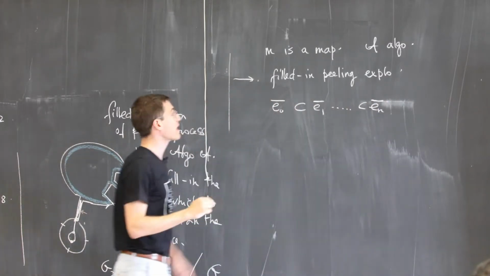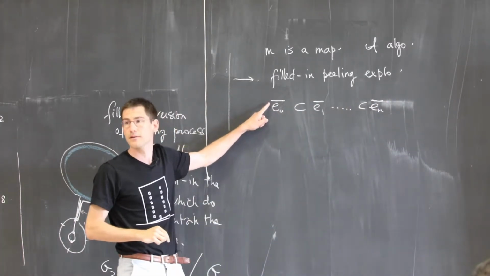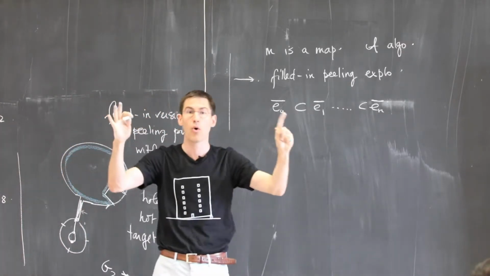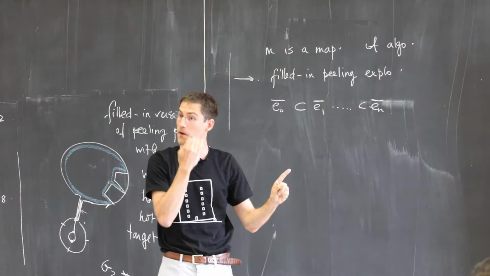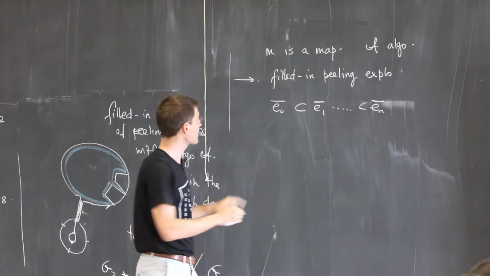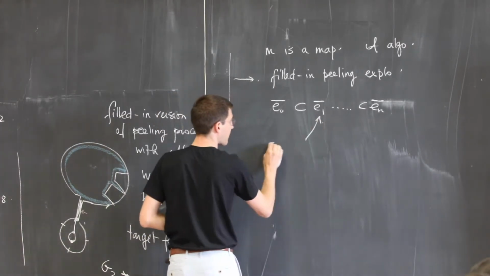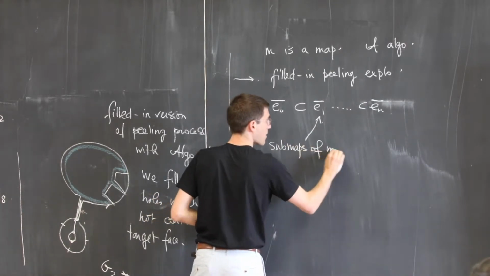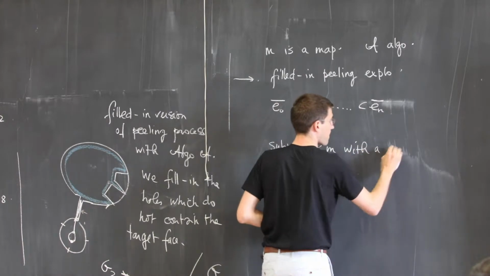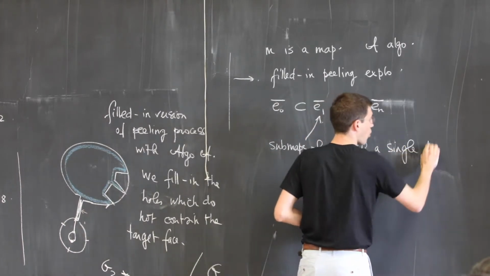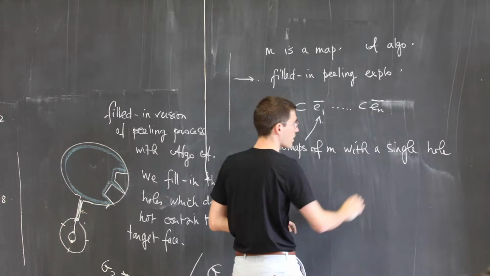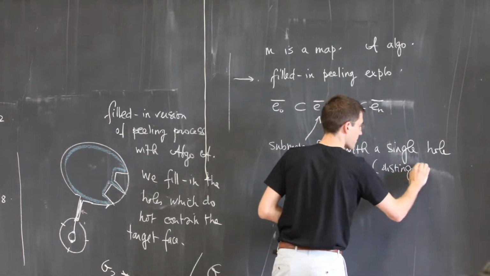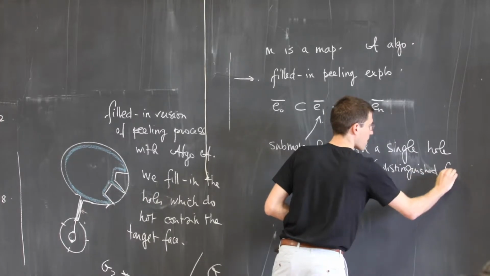And the difference with yesterday is here I put a bar. The bar means that I fill in all the holes that do not contain the target face. So these are submaps of M with a single hole. The hole is, again, a distinguished face with a simple boundary.